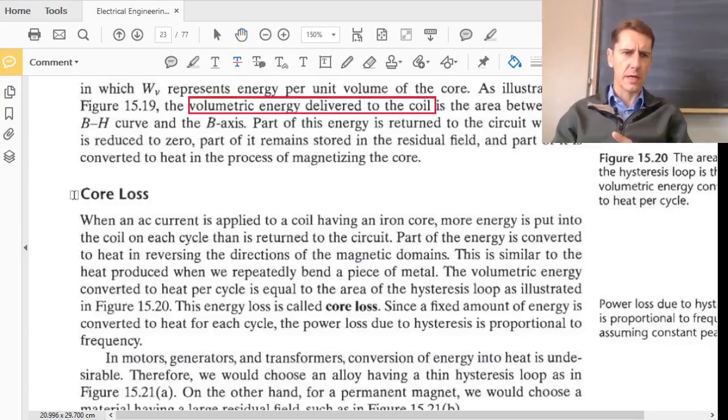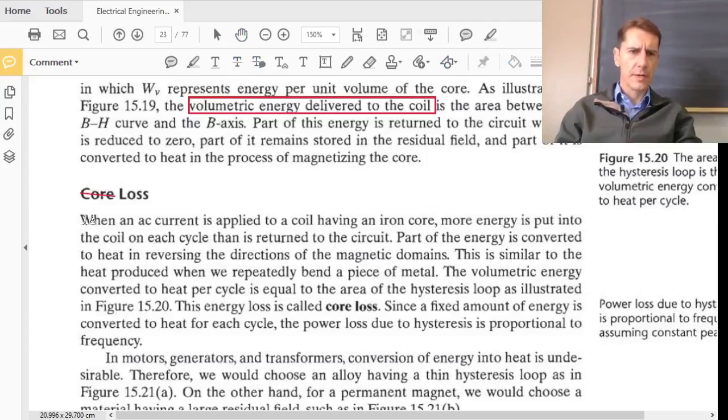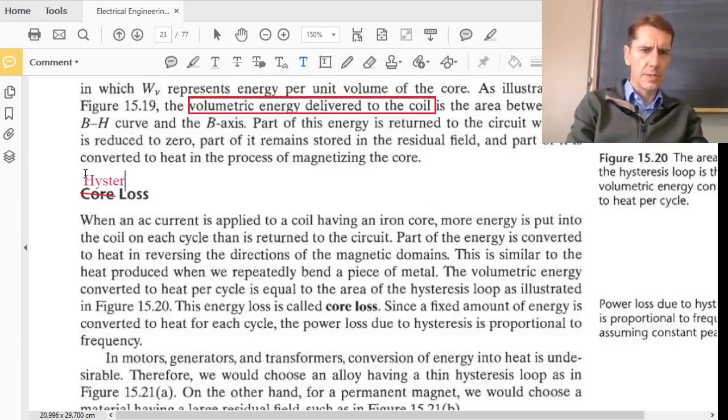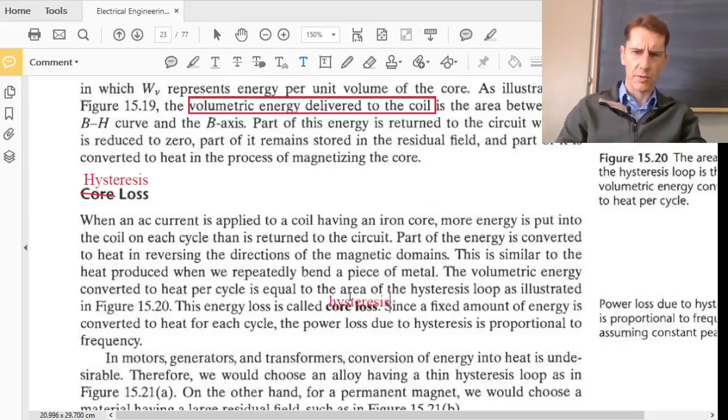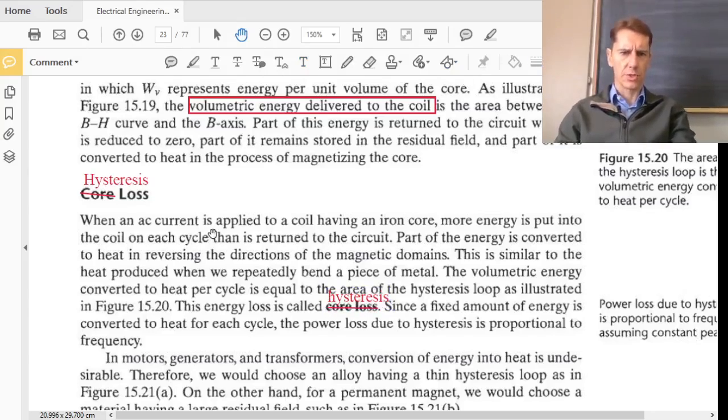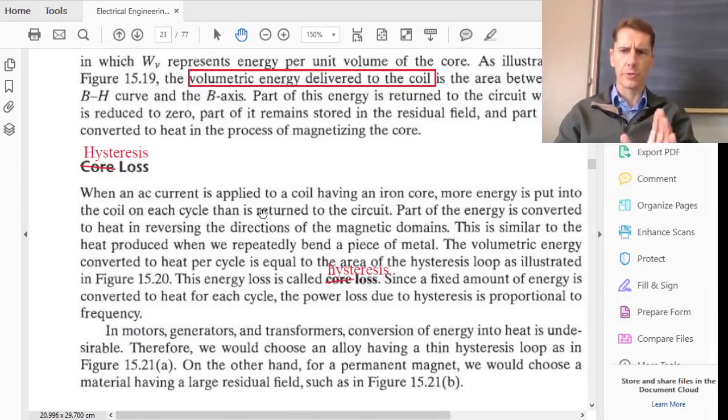That needs to be replaced with hysteresis loss. So get rid of where it says core loss and write there hysteresis loss. I just want to get rid of the core, and you'll see just now why.